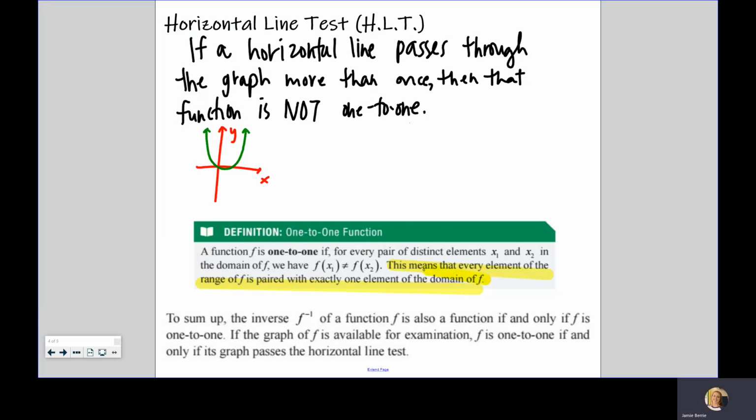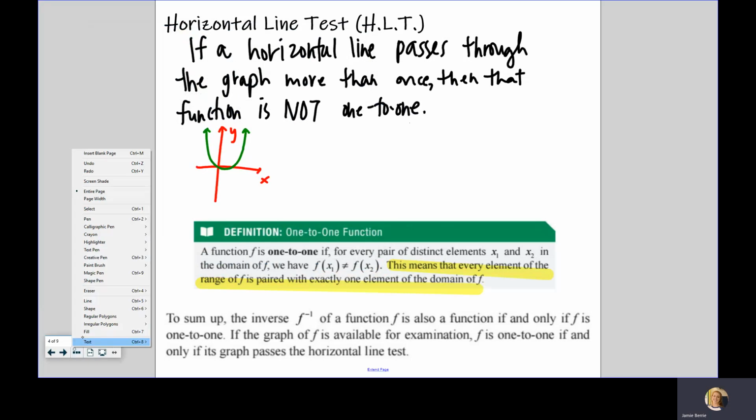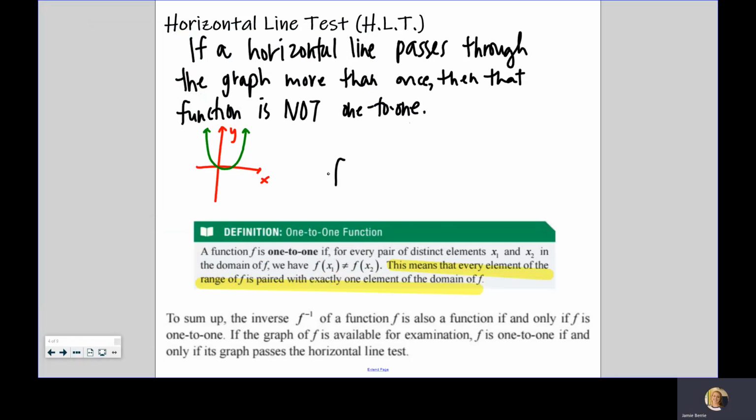So that means that if you plug in a number, say we plug in 1, and that equals 2, we should not be able to plug in another number and get 2 again. And that's what's happening here. So you can imagine if you plugged in, let's say 1, and it was right here. Maybe this is, we'll just imagine that it's the y value 2.